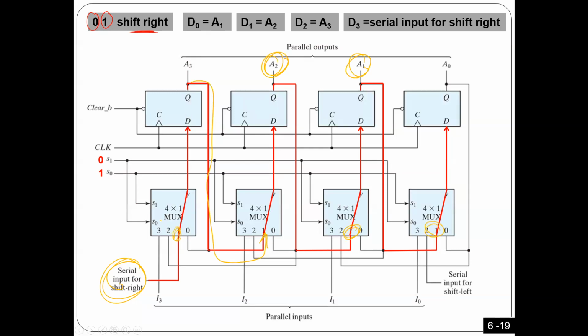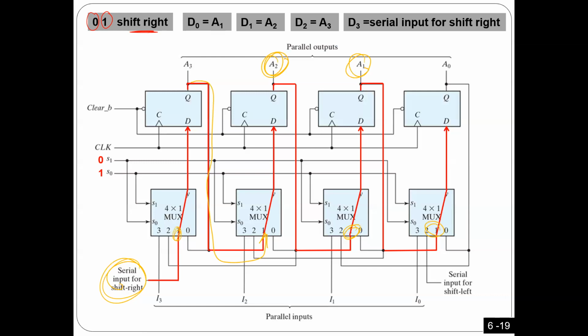So when the clock comes, I'm going to store the serial input here. I'm going to store A3 here, so A3 is going to move to here. I'm going to store A2 here and so on. Very simple. So it's just how I wired it, in order to give me shift right when the output is selected from number 1.